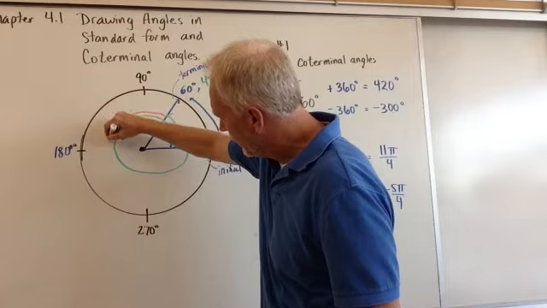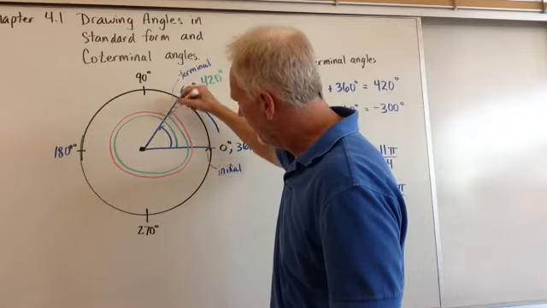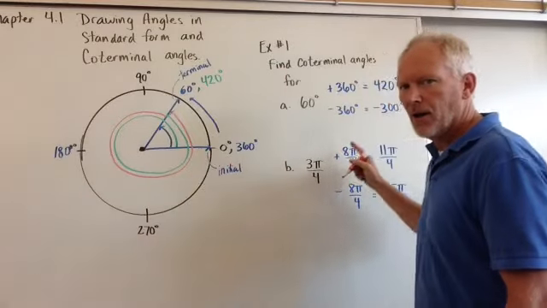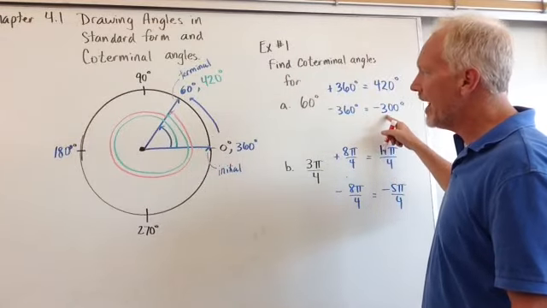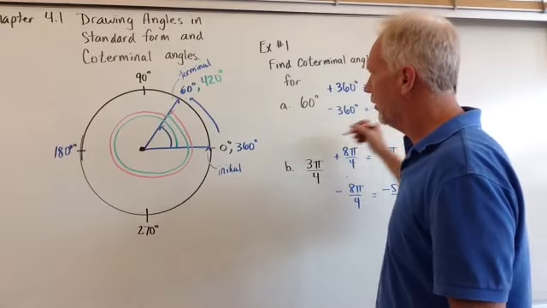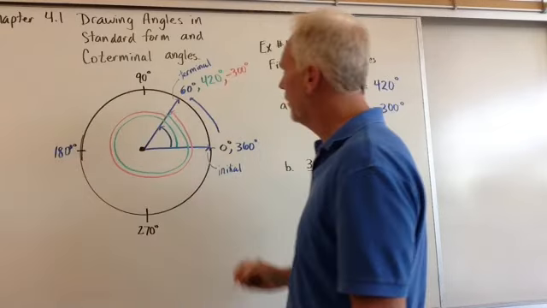I'm going opposite direction, and I end up back at the same spot. It has to be at the same spot. That's key. In that case, I'm actually subtracting 360 degrees, and I'm getting a negative angle of negative 300 degrees. So this could also be negative 300 degrees.